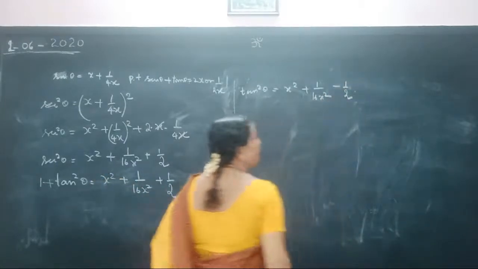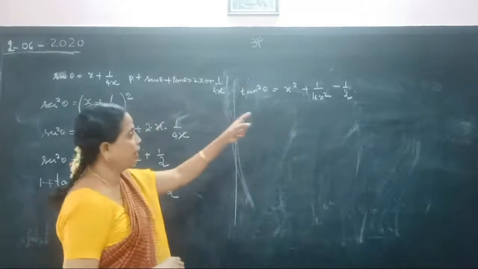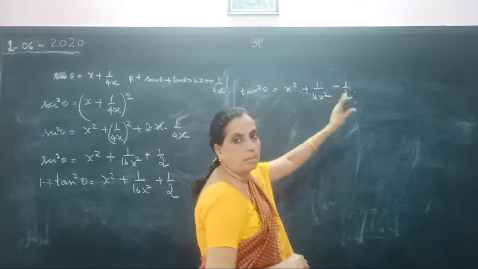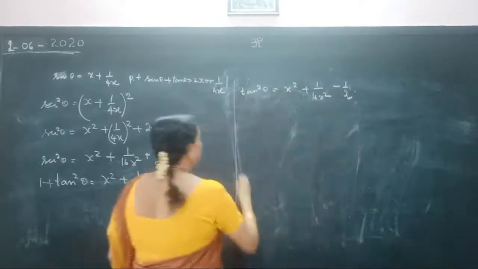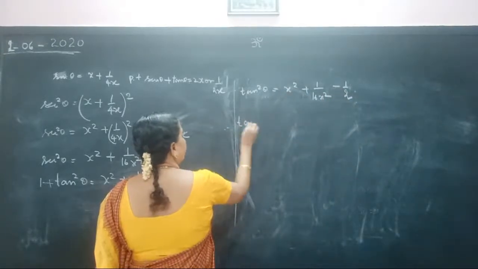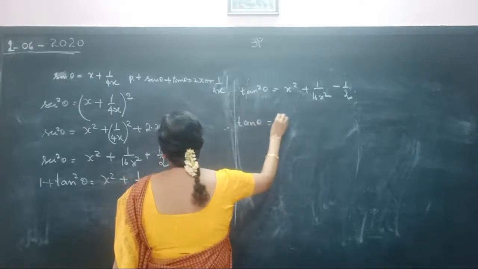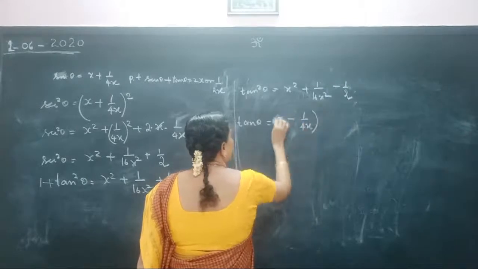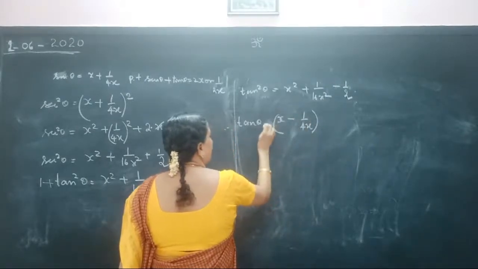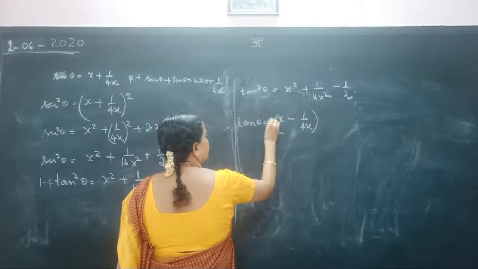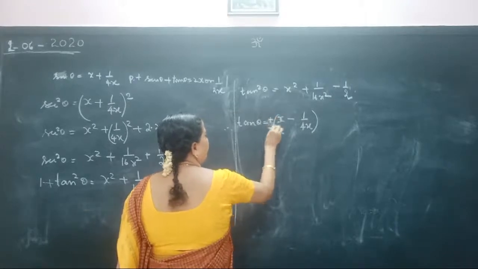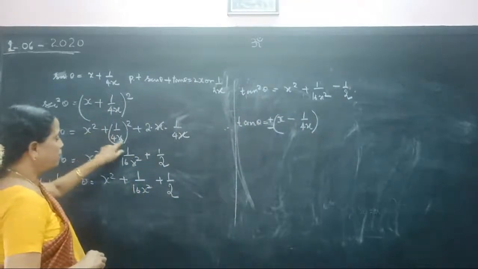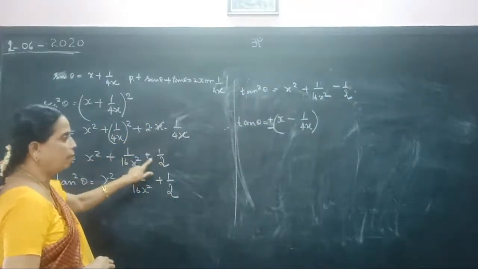That is minus 1 by 2. When tan square theta is so much, we can express it as a square plus b square minus 2ab, because we get minus 1 by 2.